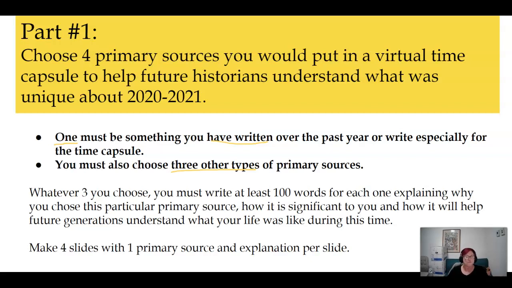Whatever 3 you choose, you must write at least 100 words for each one, explaining why you chose this particular primary source, how it is significant to you, and how it will help future generations understand what your life was like. And then you're going to make altogether 4 slides, where each slide has 1 primary source on it and an explanation per slide.